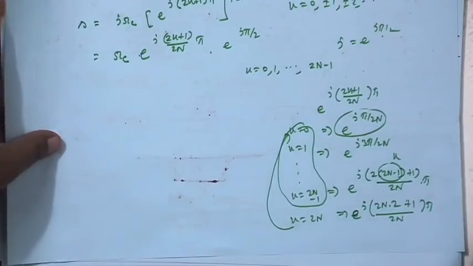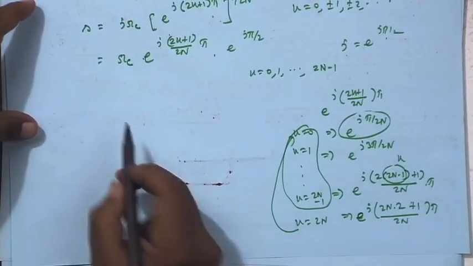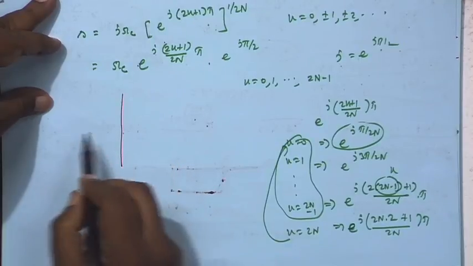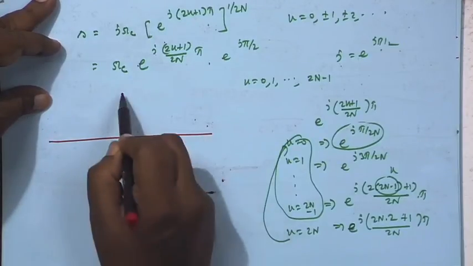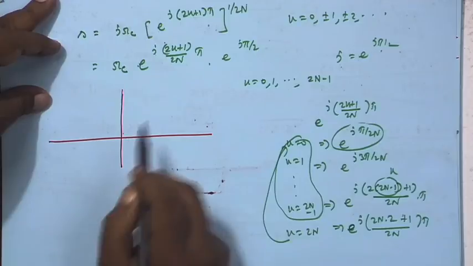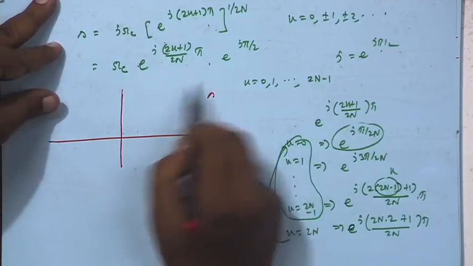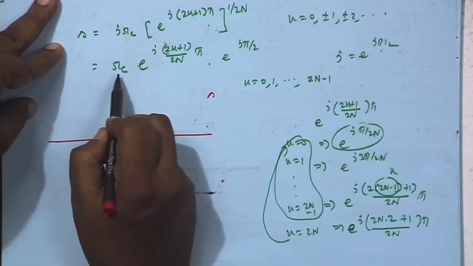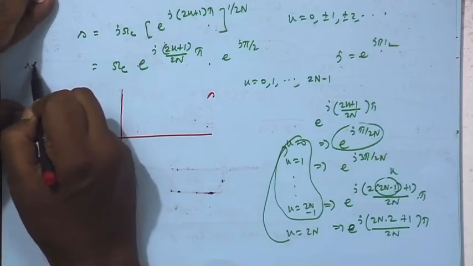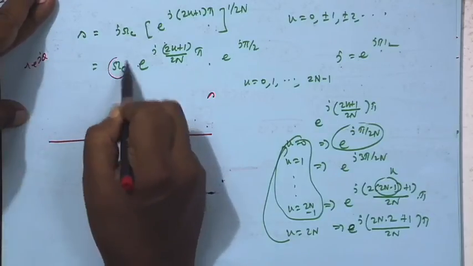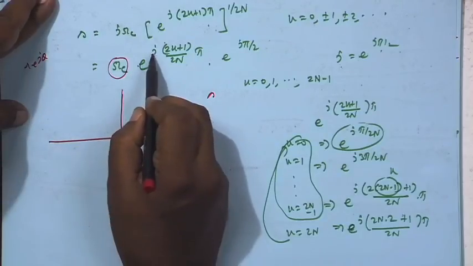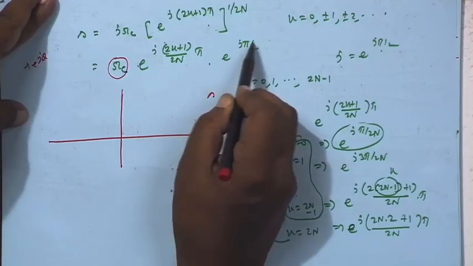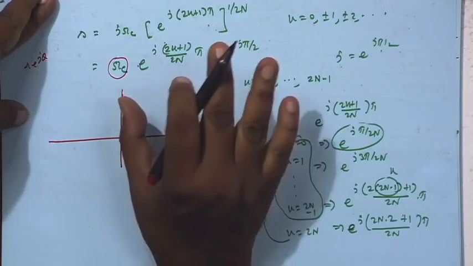All right. How are the roots located? This is the S plane. You see, all the roots are a typical complex number of the form r into e to the power j theta. R is this part, omega c, and the rest is e to the power j of some angle.